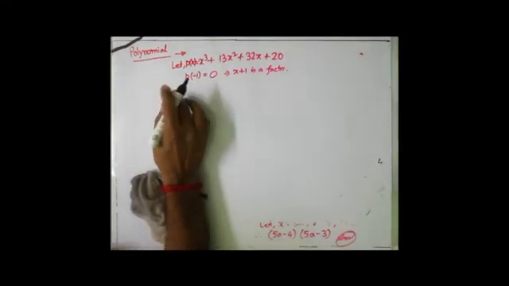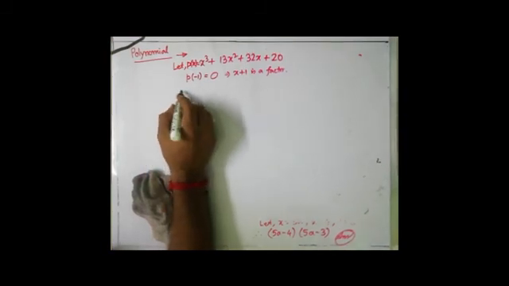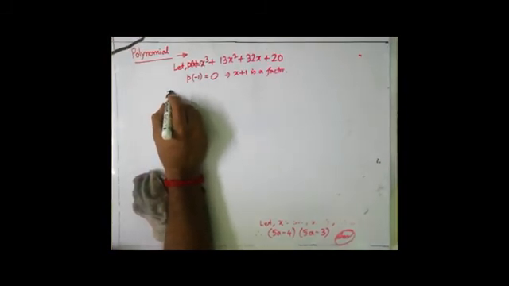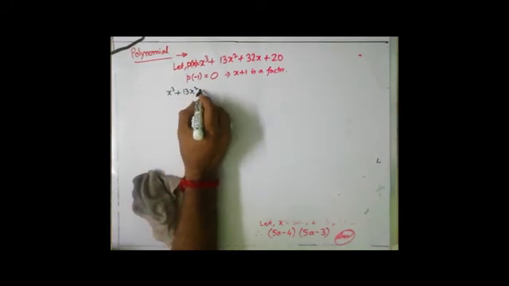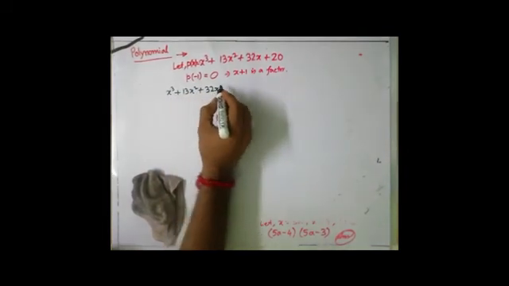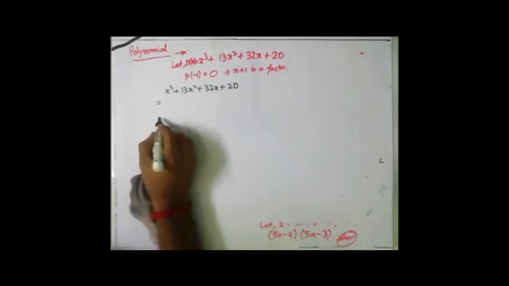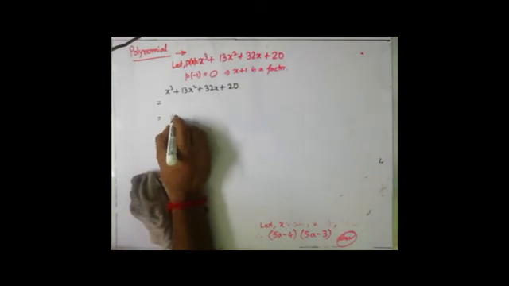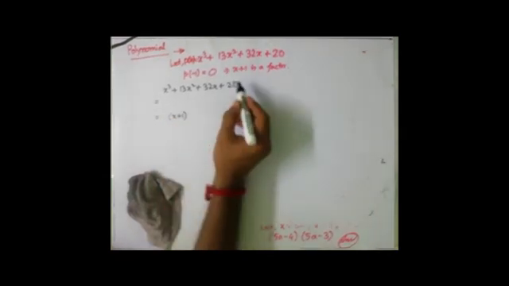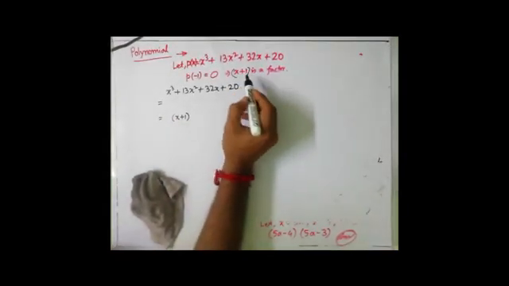Now you can solve it this way: x cube plus 13x square plus 32x, writing the same line again. Keep one line blank and write the third line like this, that is, write the factor. Which factor?